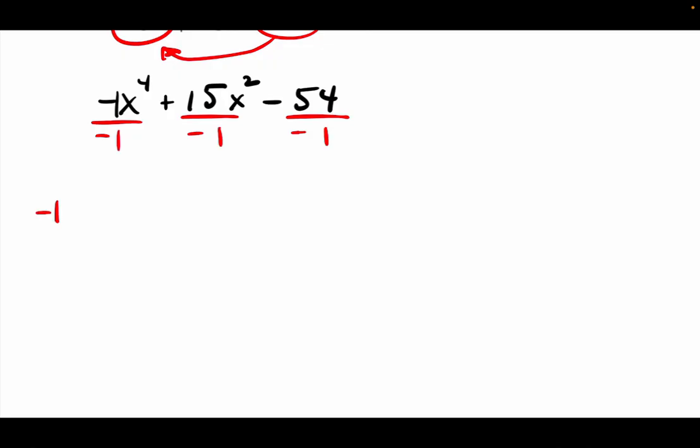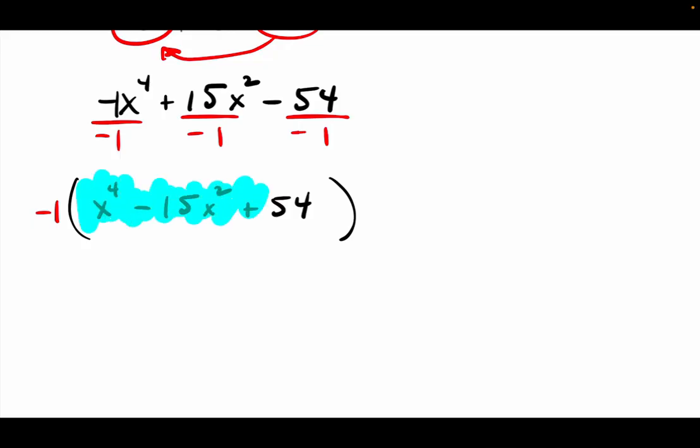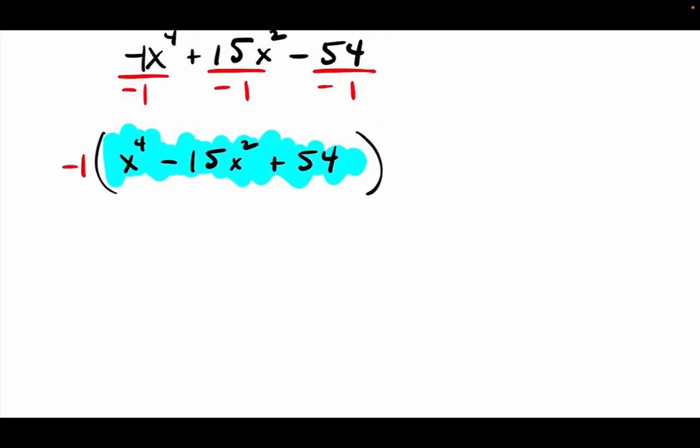So the GCF here is just going to be negative 1. So that's going to make positive x to the fourth, negative 15x squared, positive 54. That's what I'm going to use the rest of the way. GCF is just going to come along for the ride.